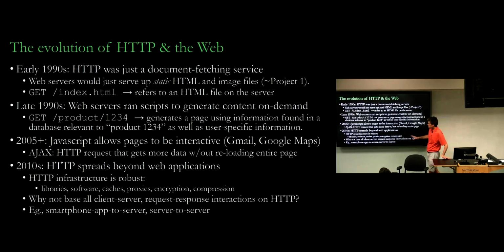HTTP is often used, even though we're not dealing with web pages, because it can be used as a generic request response mechanism. It's well understood and it's robust. You have all these libraries and software. You have caches and proxies. You have encryption and compression already built in. So the logic is, why not use HTTP for all your client-server request response interactions? And that's what's done. Okay.